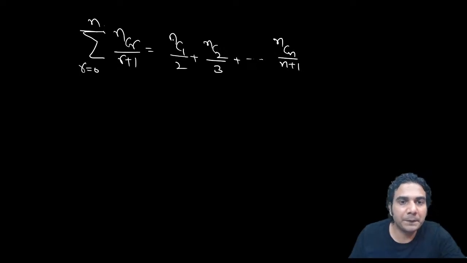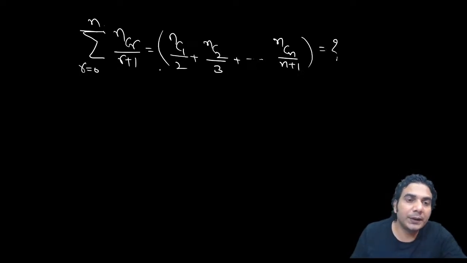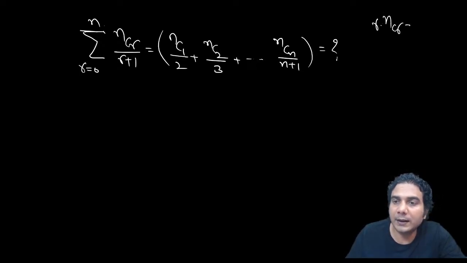So see how to find the sum of this series. This is our question. Again, you have the method which I applied earlier, r nCr is equal to n times n minus 1 C r minus 1. But this formula we need to redefine by putting r equal to r plus 1 and n equal to n plus 1.